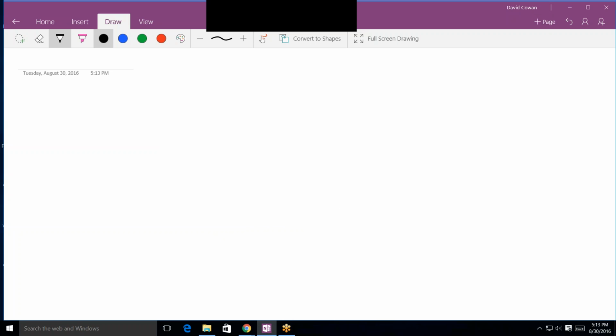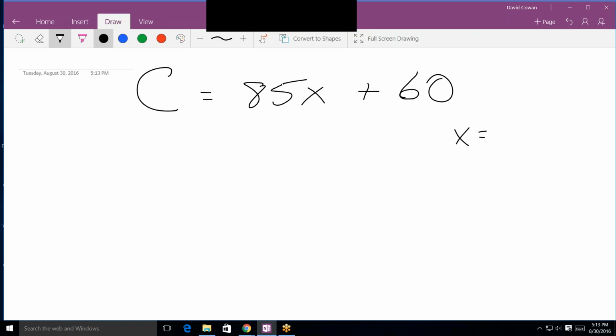Okay, so the next one is the total cost C in dollars to participate in a ski club is given by the literal equation C equals 85x plus 60, where x is the number of ski trips you take. X is the number of what? Ski trips you take. Ski, S-K-I.